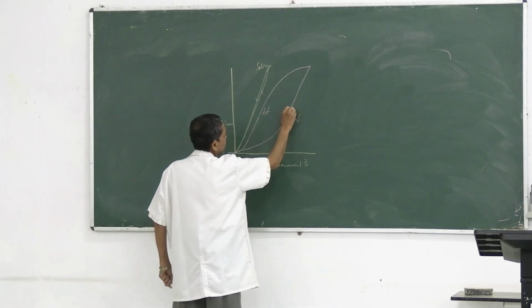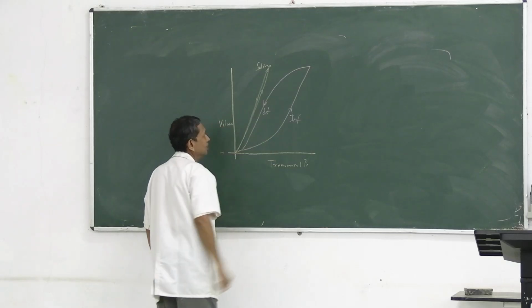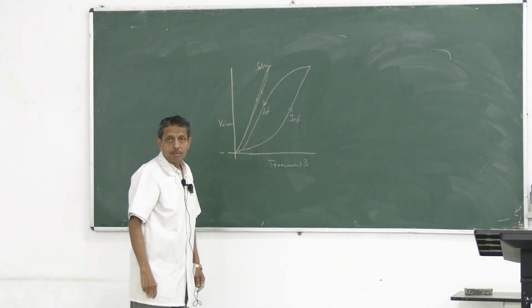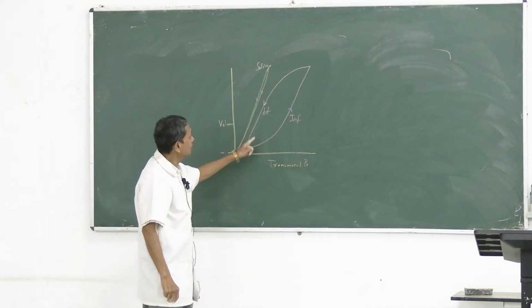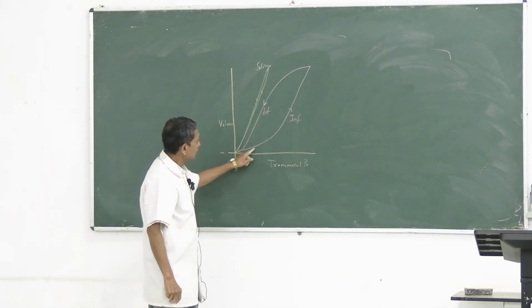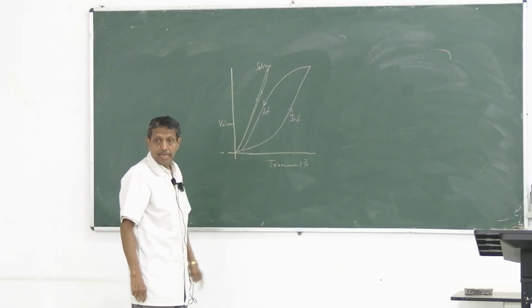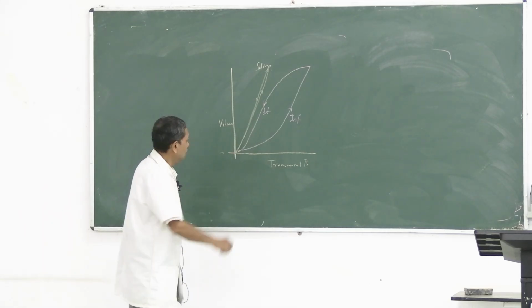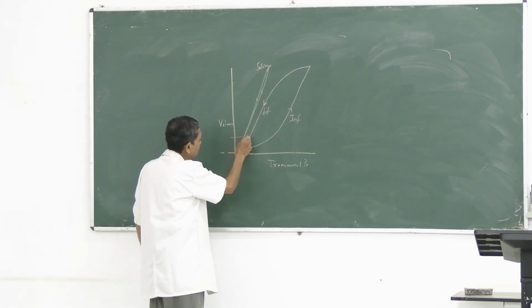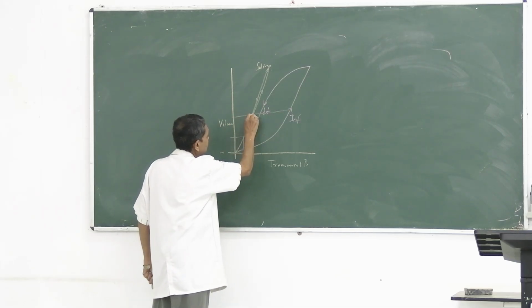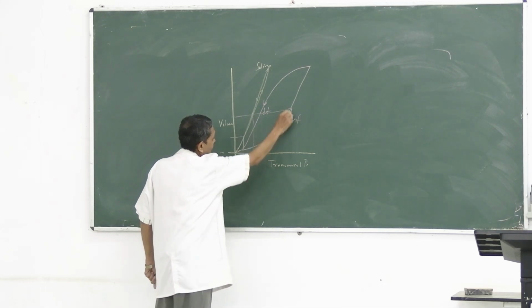The same hysteresis is seen, not in the same line, but in a different line. So, whenever there is some increase in the volume, then there is considerable difference. At low volume, the difference is less, but at high volume, the difference between these values is more.